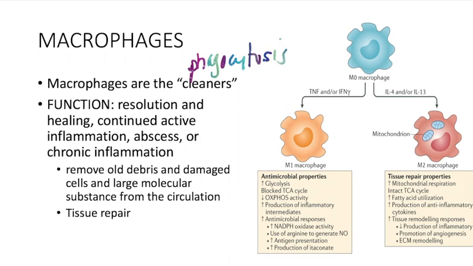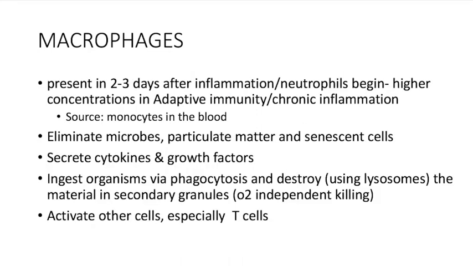They also contribute to the reaction by secreting cytokines and growth factors acting on various cells. So they'll be present in about 2 to 3 days after the inflammatory neutrophil response. Higher concentrations are in adaptive immunity and chronic inflammation. They are from monocytes in the blood. They will eliminate microbes, particulate matter, and senescent cells.